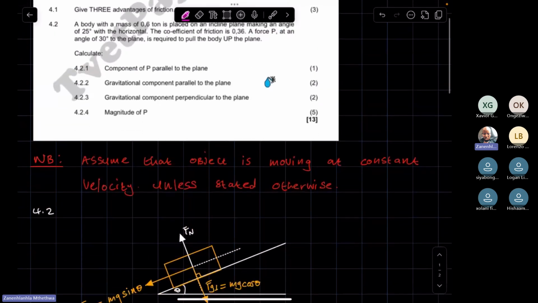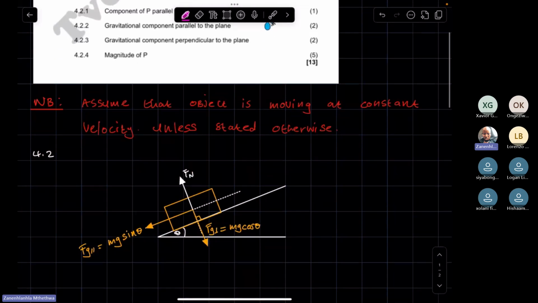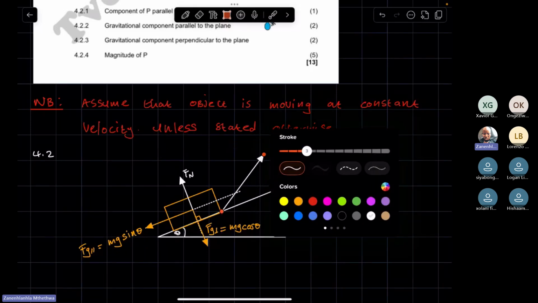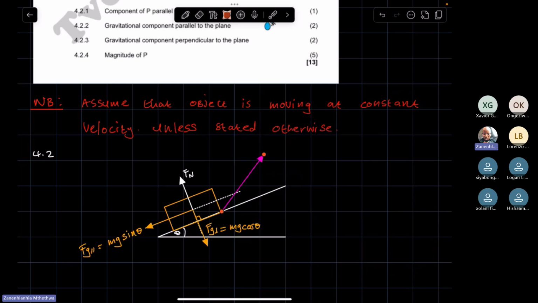So here they said this is being pulled, meaning the force is going in this direction. So you have a force P in this direction, a pulling force going in this direction.